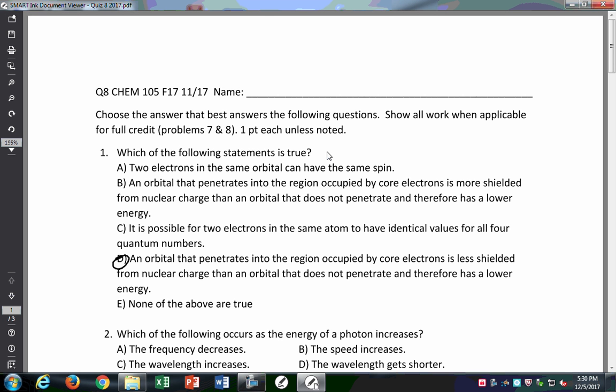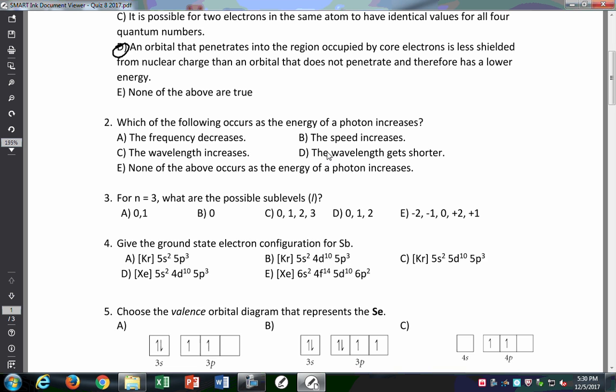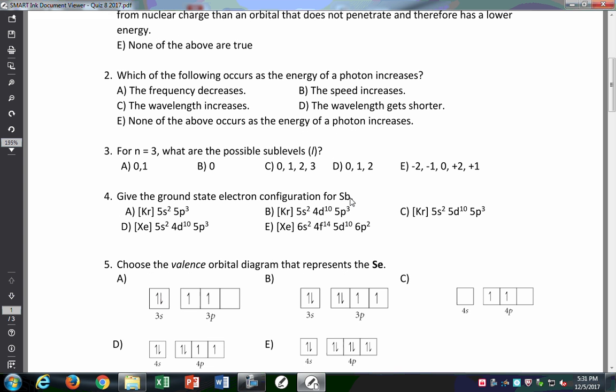So just think about what's happening: the electrons closer to the nucleus are blocking the nucleus energy from getting to the more outer electrons. So understanding those kinds of things from chapter 7 is what I want you to be able to understand.